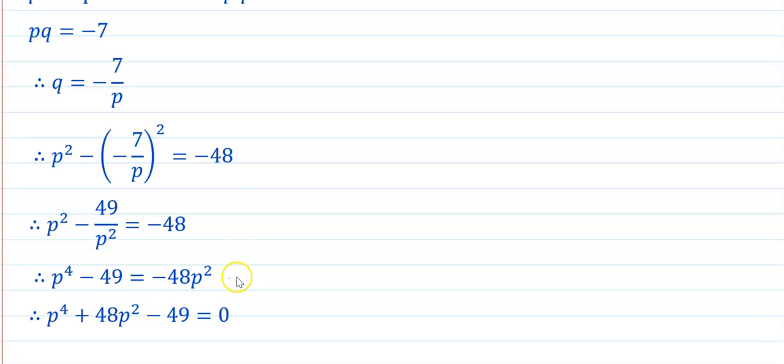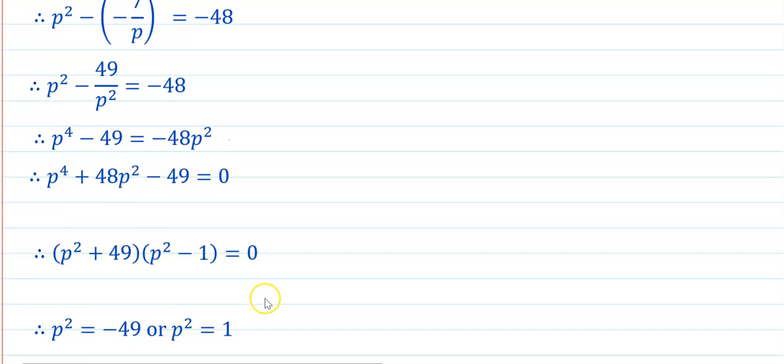पुनः p square आपण कुठेकडे आणणार, to the left hand side and it will become plus. Okay. Therefore, p raised to 4 plus 48 p square minus 49 and that's equals to 0. Okay. Now the roots.